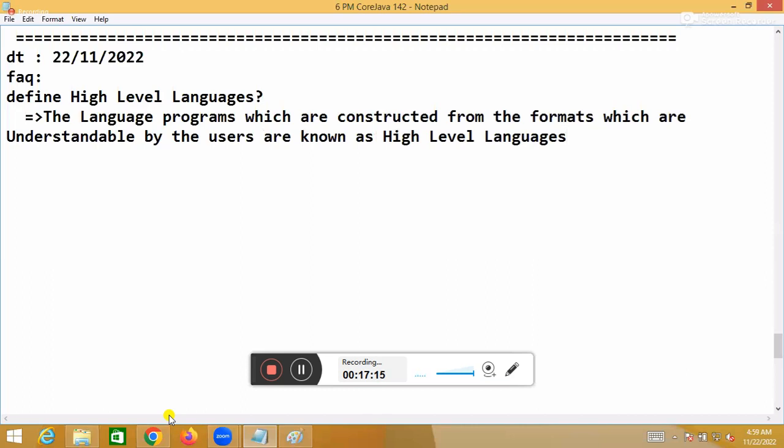High level languages. So for example, C language, C++, Java, they all come here. C language, almost English words only will be there. All English words will be constructed together. You can understand a bit easily.